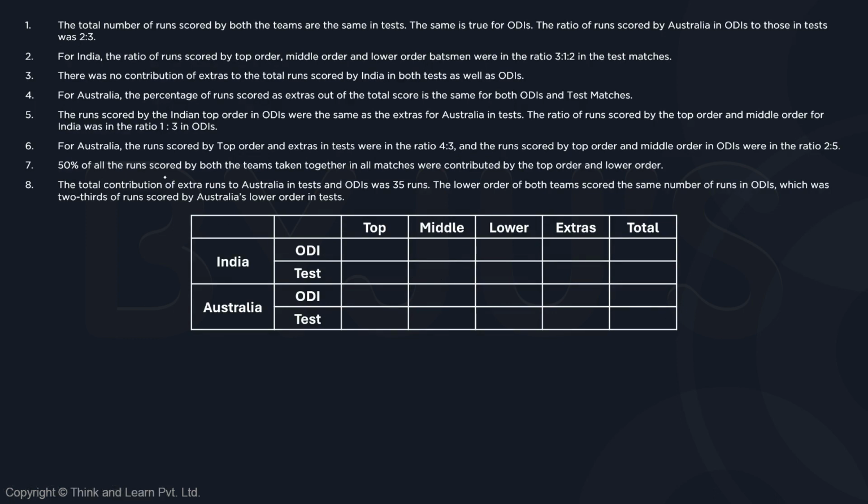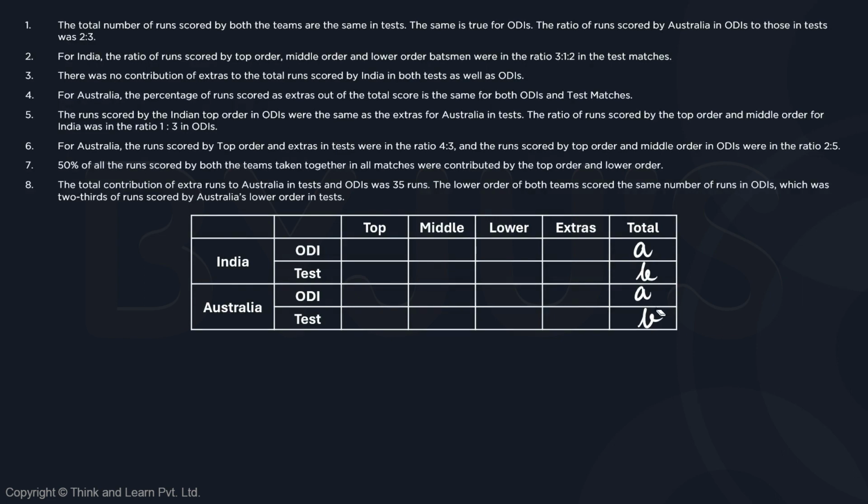Okay, so the first statement says the total number of runs scored by both the teams are the same in tests. The same is true for ODIs. So if they scored A and A in ODI and B in tests. The ratio of runs scored by Australia in ODIs to those in tests was 2:3.